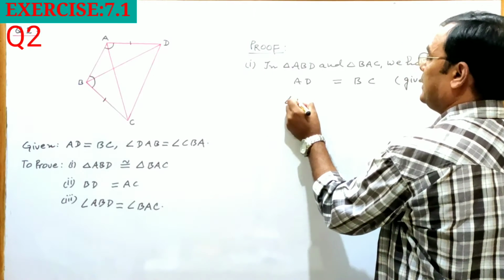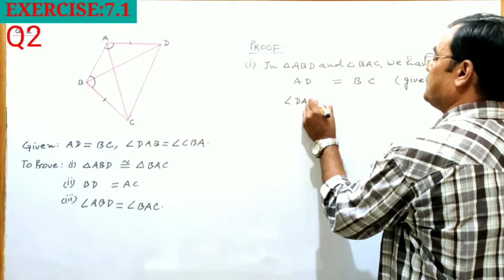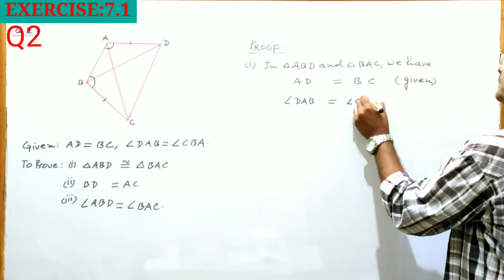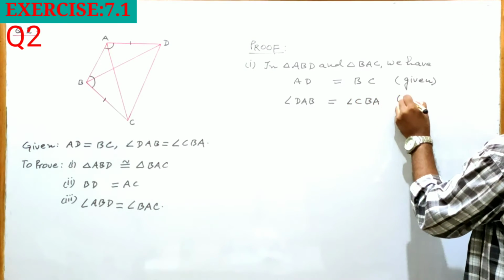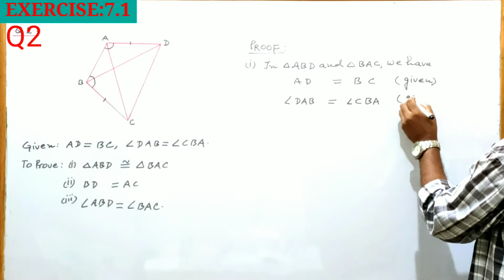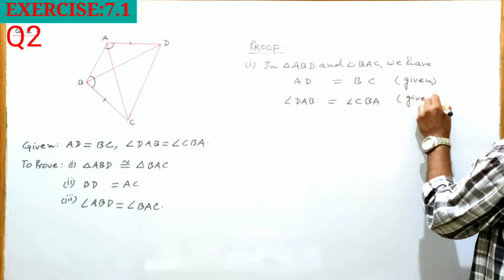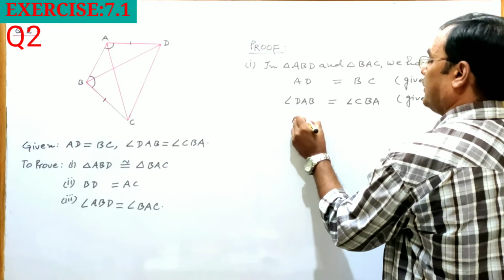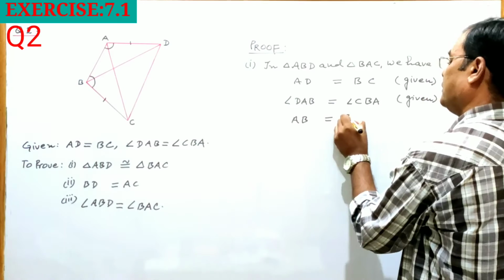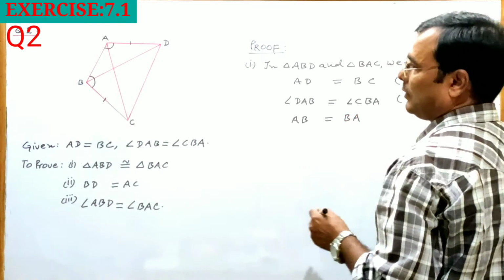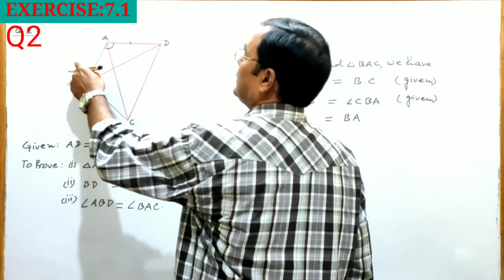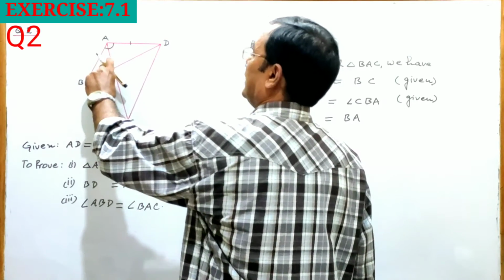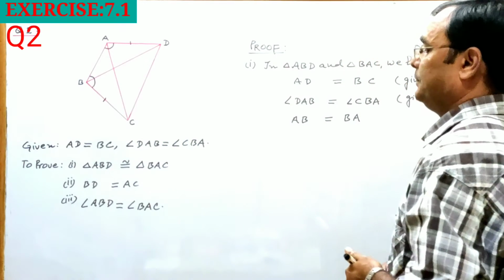Angle DAB is equal to angle CBA. This is also given. AB is equal to BA. AB is a side in triangle ABD and BA is a side in triangle BAC.